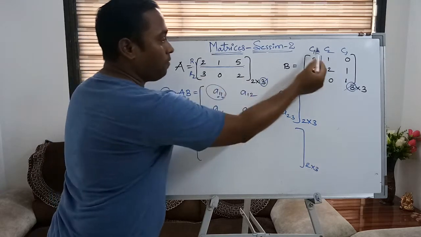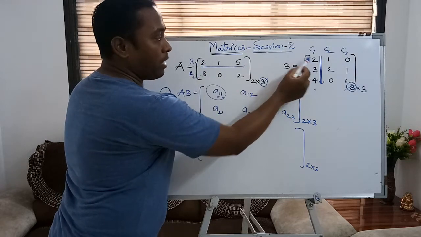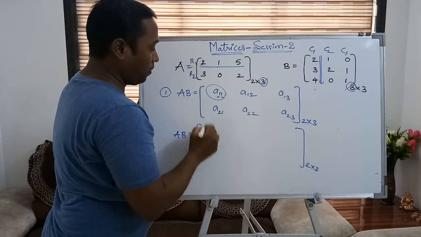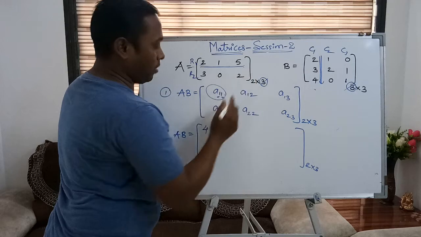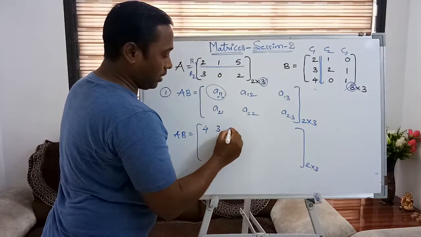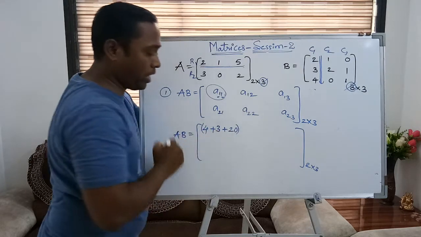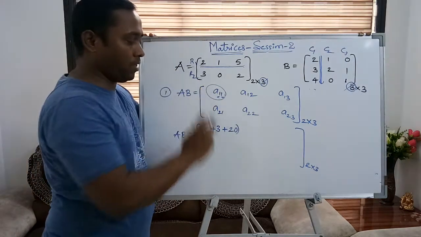A11 means first row, first column multiplication. It means 2 is multiplied by 2, that is 4. 1 is multiplied by 3, that is 3. 5 is multiplied by 4, that is 20. So the sum of the products of the corresponding elements will give the first element.